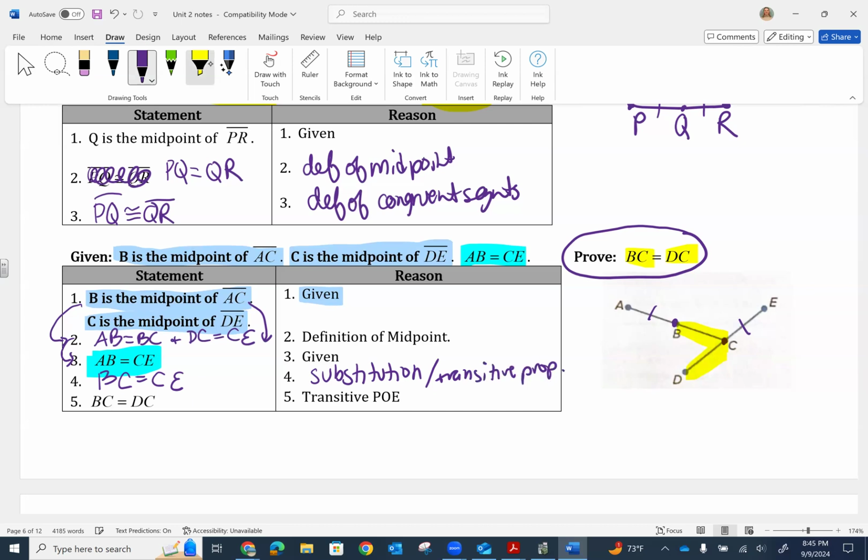What that means is that we substitute things that are equal to each other in this problem. So since AB equals BC and AB also equals CE, well, we know that BC has to equal CE. AB equals both BC and CE, so therefore they must be equal.